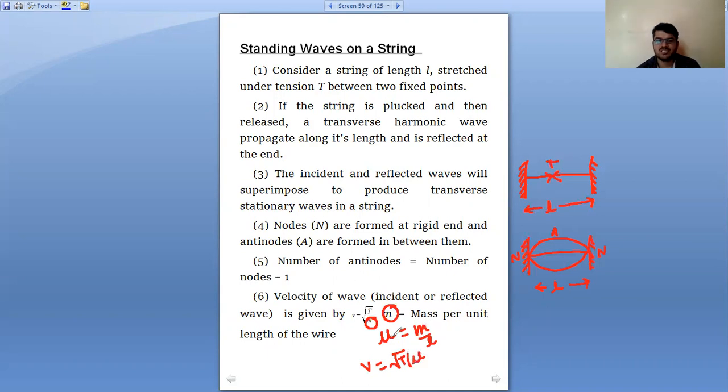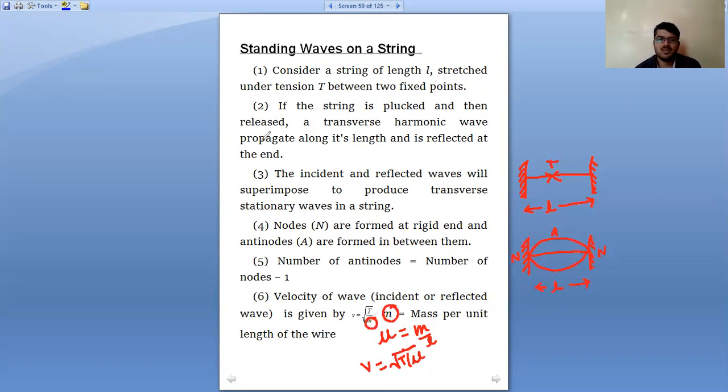Instead of M, just replace with mu. So you see here in between we are getting antinode. Here it is node, here also node. So nodes are forming at the rigid ends and antinodes are formed between them. Velocity of wave, I already told, is root T by mu.